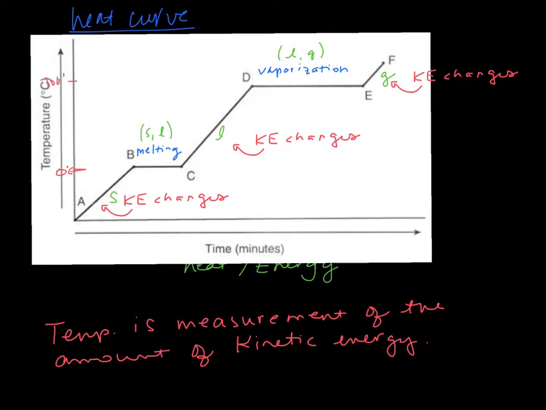The potential energy is going to change up here, because the energy is changing, right? But it's storing the energy because the temperature isn't changing because of it. So it's storing the energy right here, and so the potential energy is going to change when it melts.